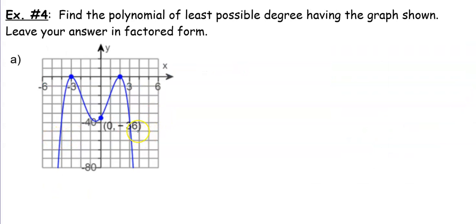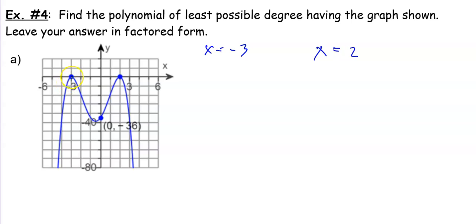What if I give you the graph, I show you the zeros, and we want to find the least possible degree? So that's going to be x to 1 more than the number of zeros. Okay, so if we take a look at this, we have zeros when x is -3 and when x is +2.